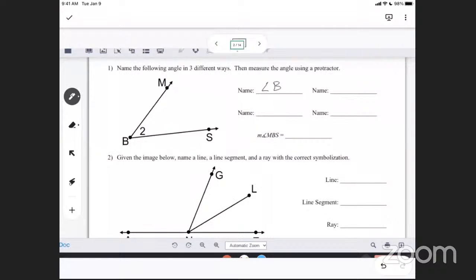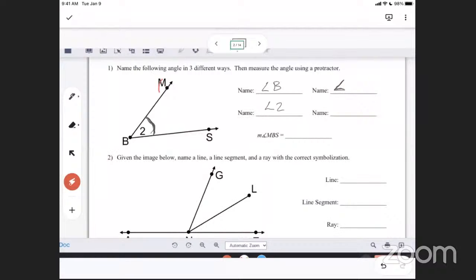Right? And you could call it angle B, or you could call it angle 2, because that angle there is angle 2. Or you could name it with 3 letters, and you could start either with M or with S, but you have to make sure you go in order.